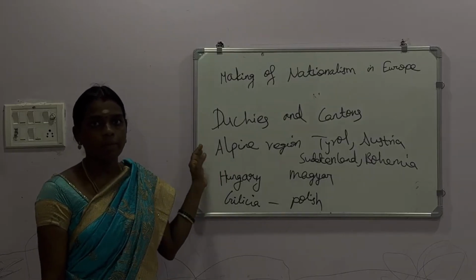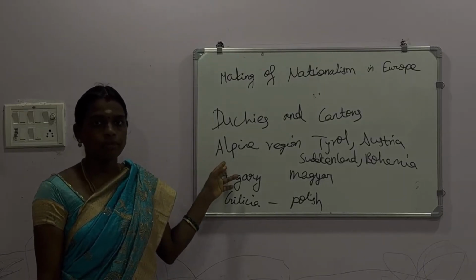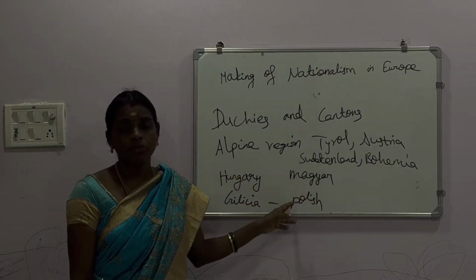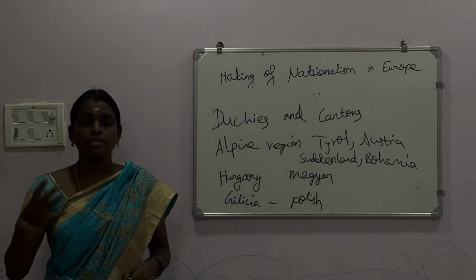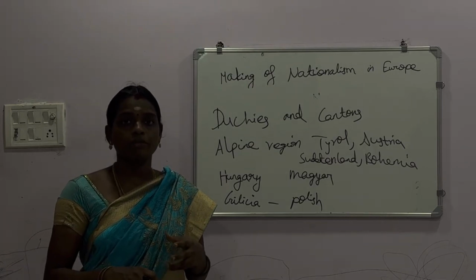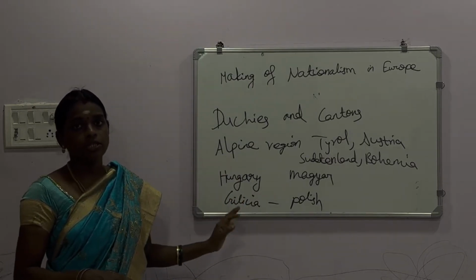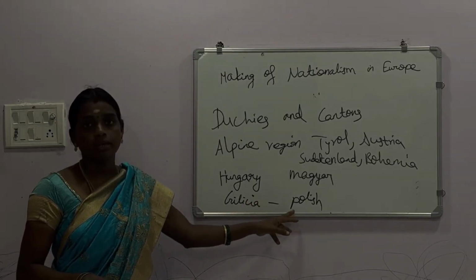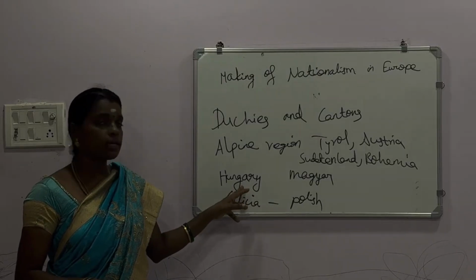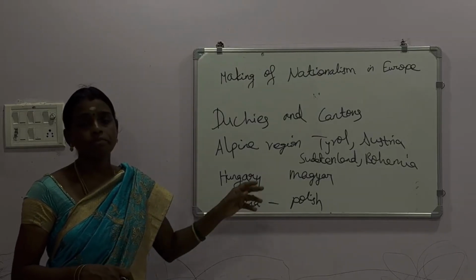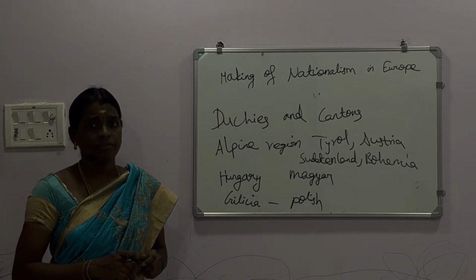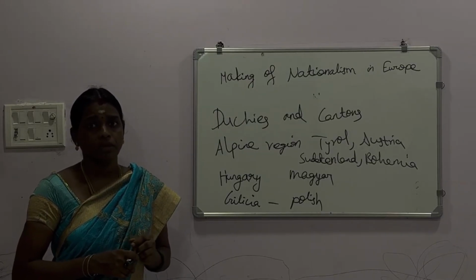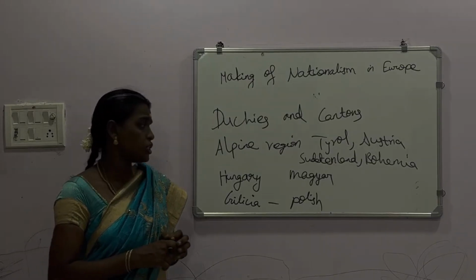For example, in the Alpine region, which comprises Tyrol, Austria, Sudetenland, Bohemia, people spoke German. Then Galicia, where they spoke Polish. In Hungary, half of the people spoke Magyar. And the Italian language was spoken in Venetia.